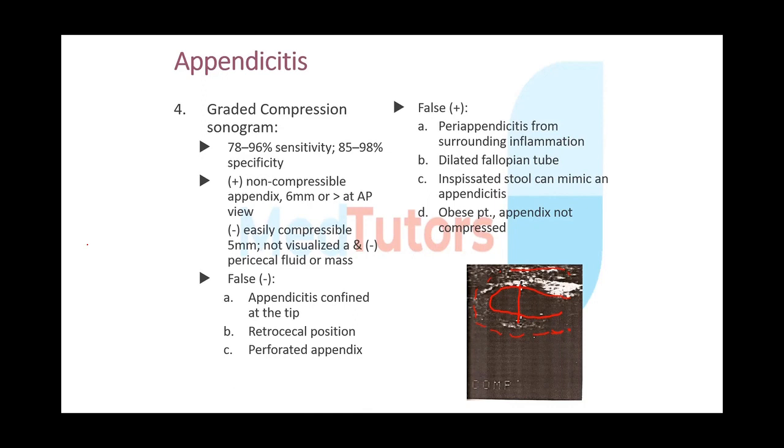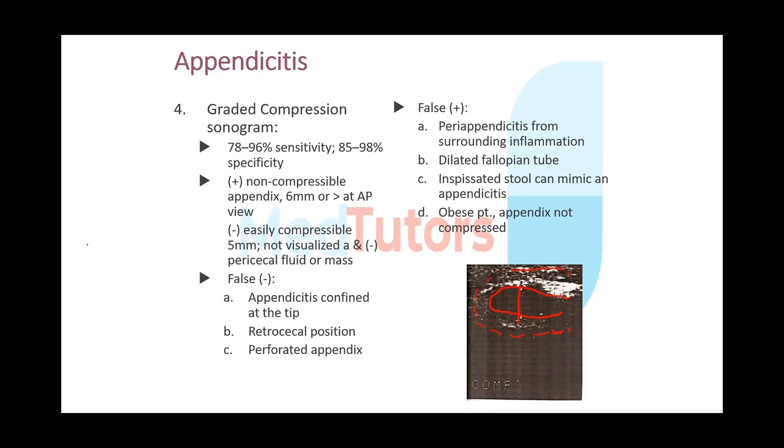Now, you could have a false positive result, reporting a positive finding when there is actually no appendicitis, when there is a periappendicitis from surrounding inflammation. Sometimes even a patient has peritonitis from typhoid perforation. You will just see a periappendiceal inflammation, even though the appendix is not inflamed.